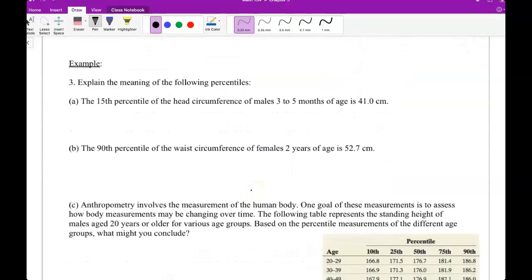Now example number 3, explain the meaning of the following percentiles. Part A, the 15th percentile of the head circumference of males 3 to 5 months of age is 41 centimeters. Here is the 15th percentile, but that means we have 15%.